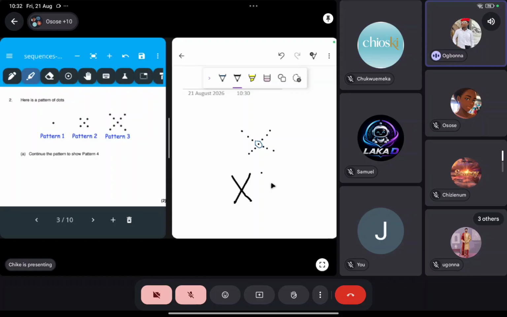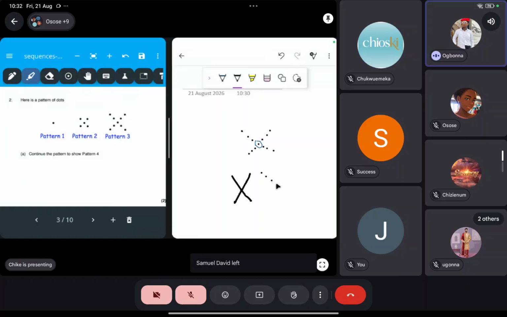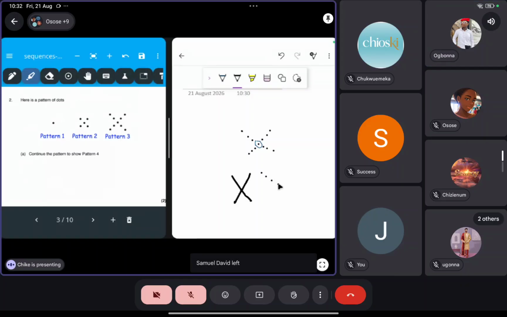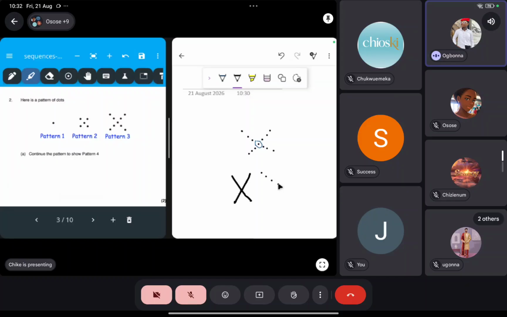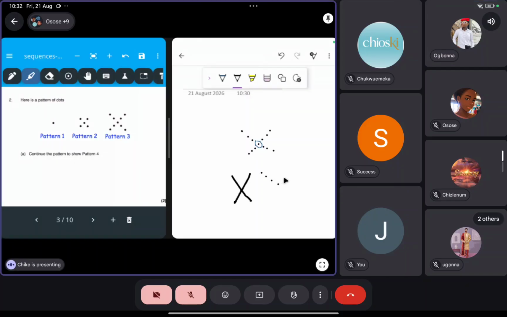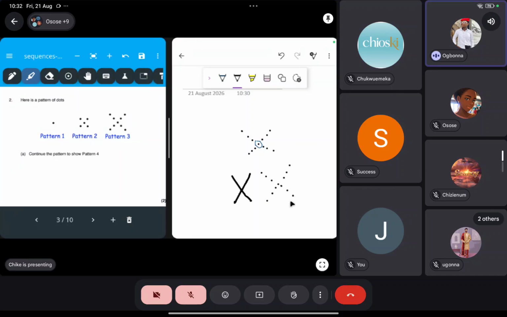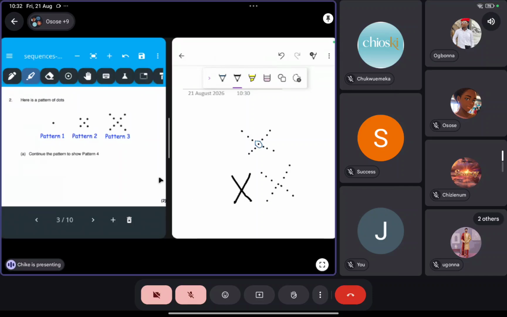Pattern 3 was 2, so pattern 4 will be 3. That means there's always a central dot. So pattern 4 will be 3 up and 3 down, right? Yes, V pattern. Okay. Is there anybody that saw another method of making the pattern?